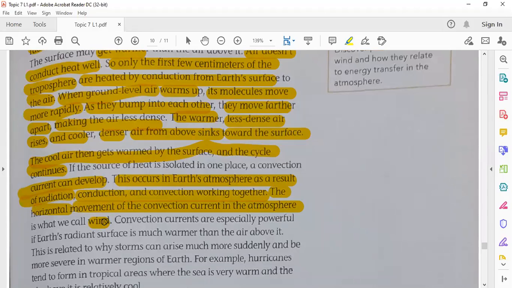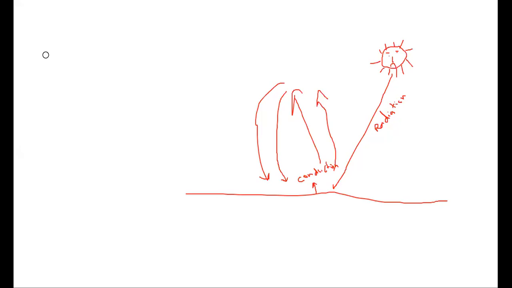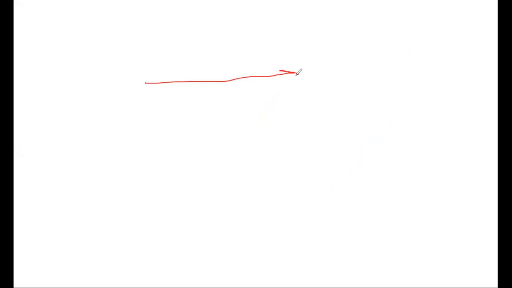What is the meaning of horizontal? Who knows? This is horizontal, like this, and this direction is what we call vertical.